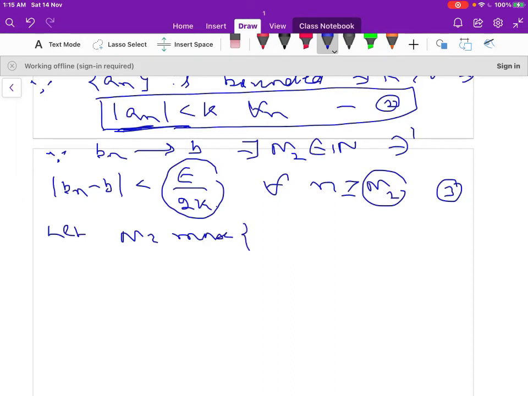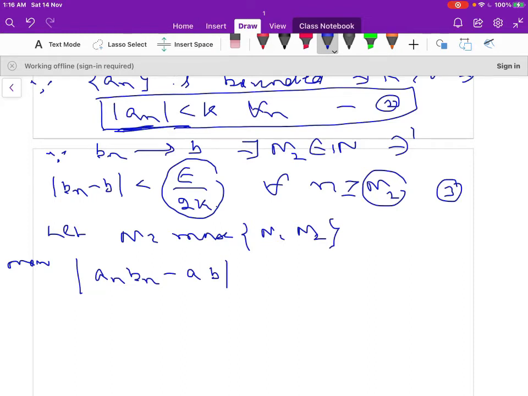Let n be equal to the maximum of n1, n2. Now consider modulus of an bn minus ab.